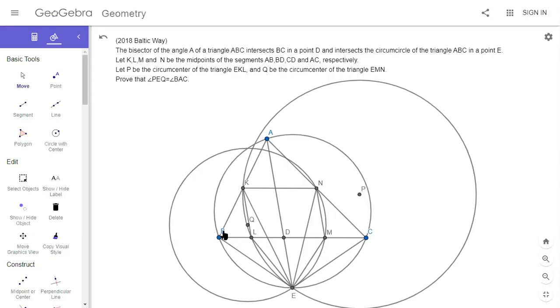So since EL is the median of one and EK is the median of the other, angle BEL is equal to angle KEA, which is equal to angle LKE. And that shows that BE is tangent to that circle and CE is tangent to that circle. All right, so I like that. Maybe that might help.